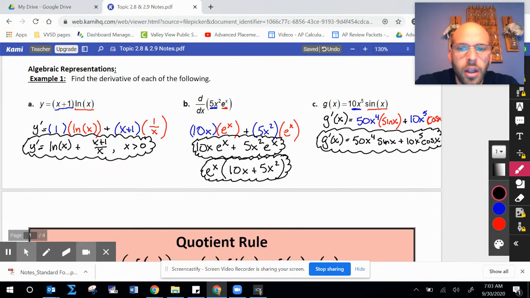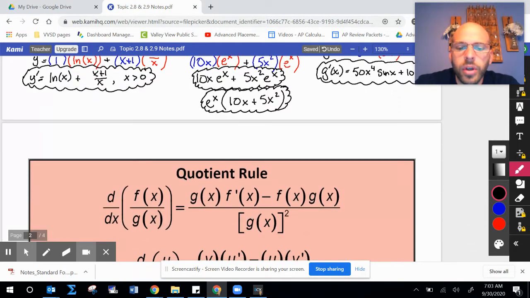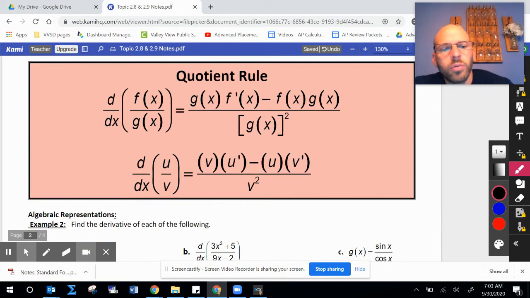Okay? And this would be the derivative of the function to get the instantaneous rate of change. So this is product rule, right? We also have quotient rule, all right? So when I have a quotient of two things, notice I have a function on top and a function on bottom. I want you guys to see how this is laid out. We're going to start with the bottom, all right?